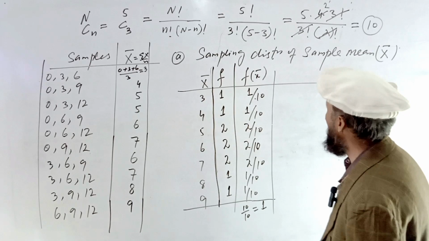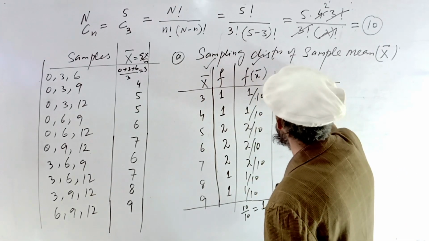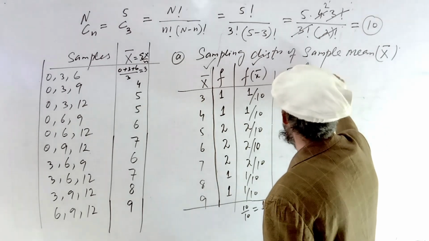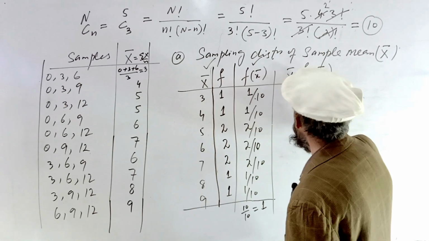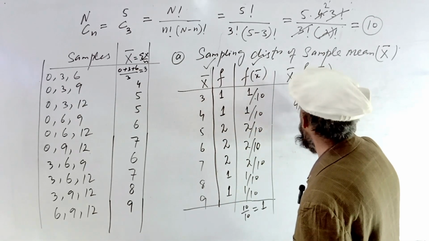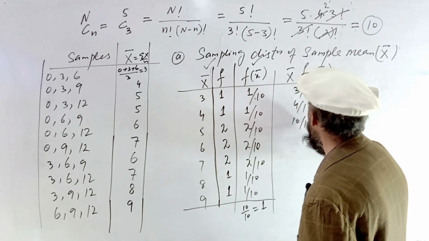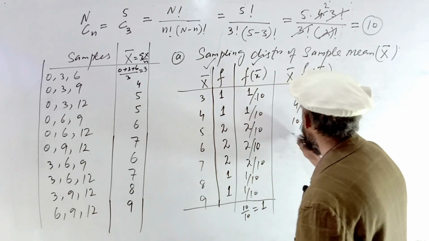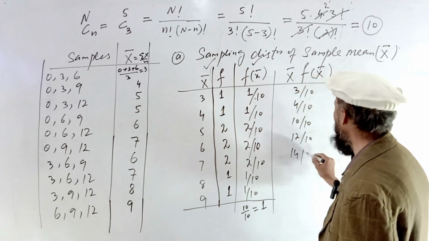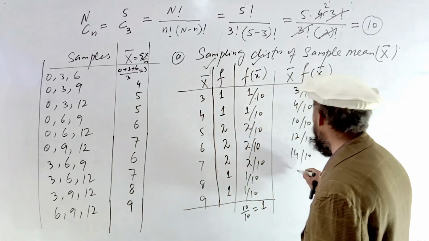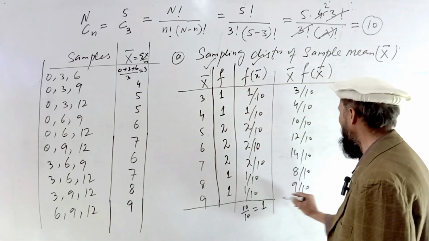Now the sampling distribution is required, so this column and this column are multiplied with each other: x bar times f of x bar. 3 multiplied by 3 divided by 10, 4 multiplied by 1, 4 divided by 10, and 5 multiplied by 2, 10 divided by 10, and 6 multiplied by 2, 12 divided by 10, and 7 multiplied by 2, 14 divided by 10, 8 multiplied by 1, 8 divided by 10, 9 divided by 10.